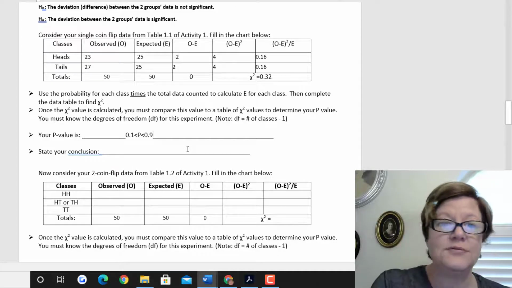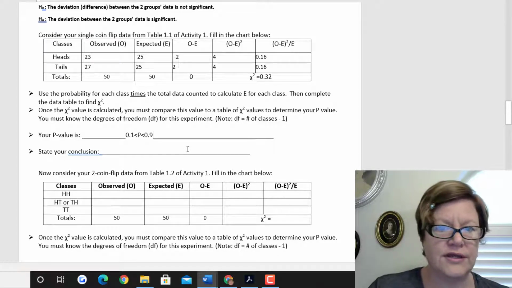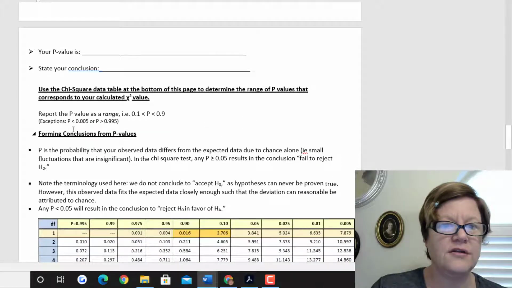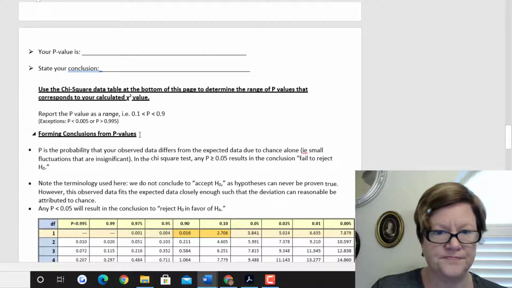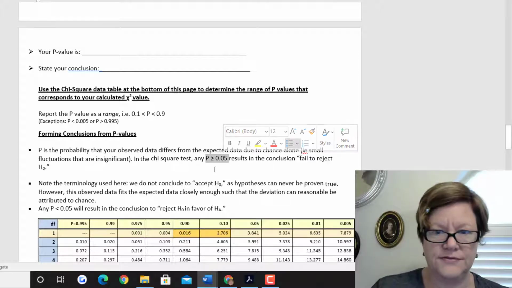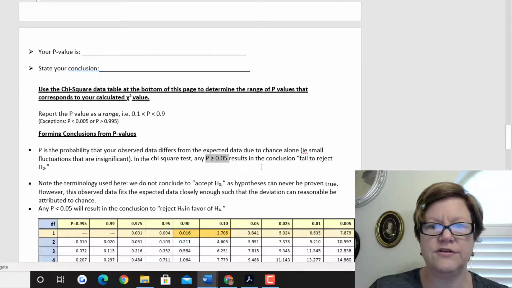There is no option here for your conclusion, and I actually wrote it down here, you have to scroll. Forming conclusions from p-values: this is not up to you. Any p greater than 0.05 results in the conclusion, quote, "fail to reject H null."